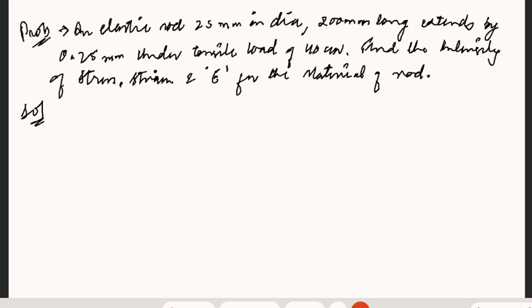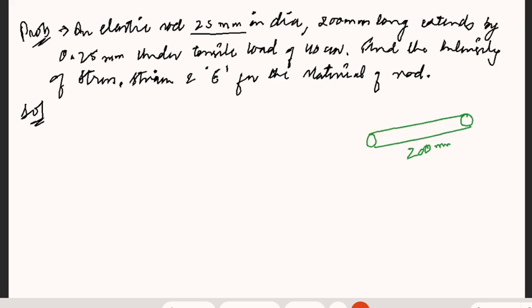So first of all, we should be able to understand what is given in our problem. Let's say this is a rod. It has a dia of 25 and its length is 200 long.